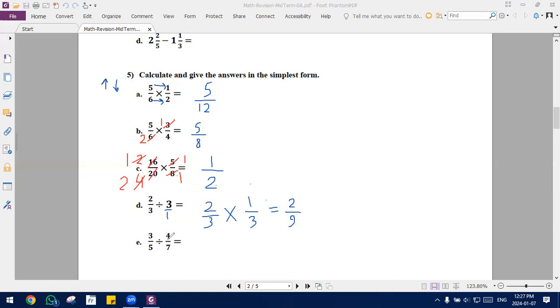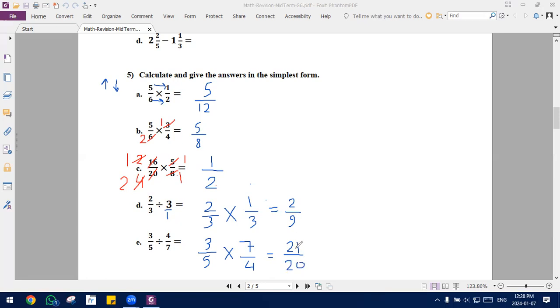Now, next question. Again, we have division, we turn it to multiplication. 3 over 5 times, now not 4 over 7, it's 7 over 4. Can we simplify? No. Okay, we multiply. 3 times 7 is 21. 5 times 4 is 20.